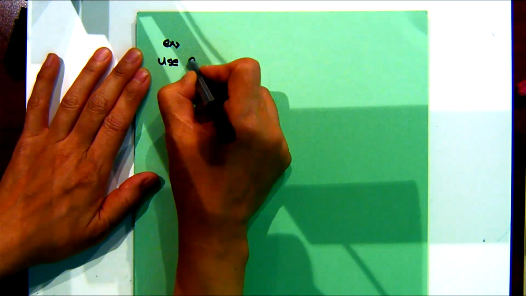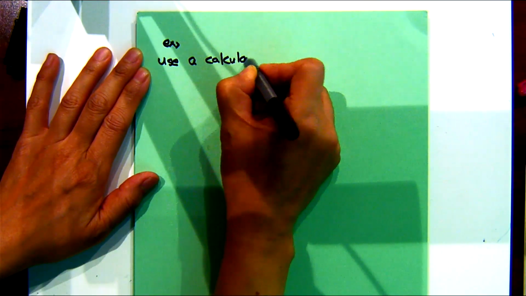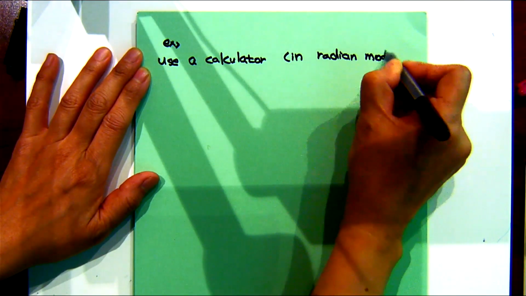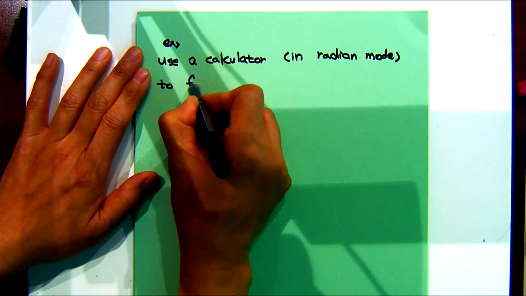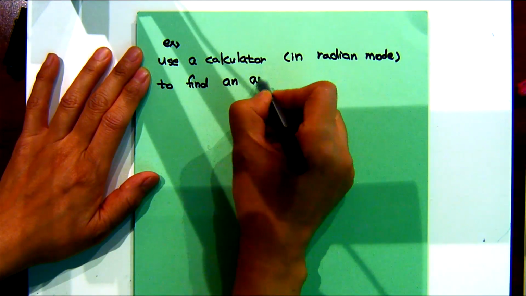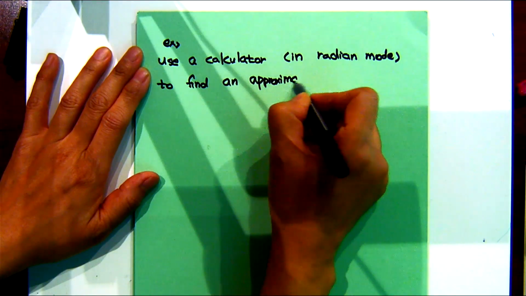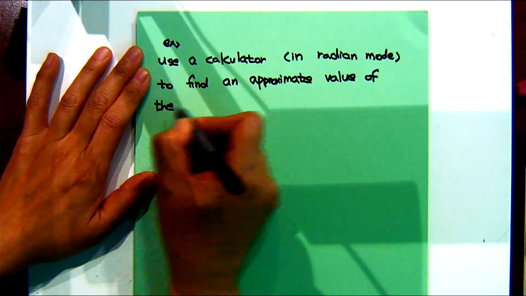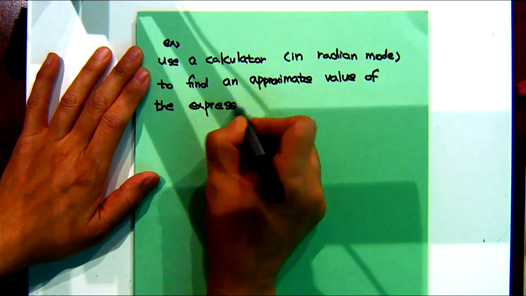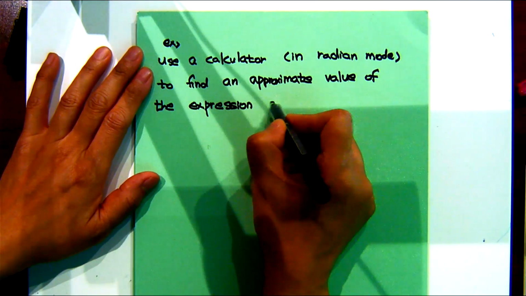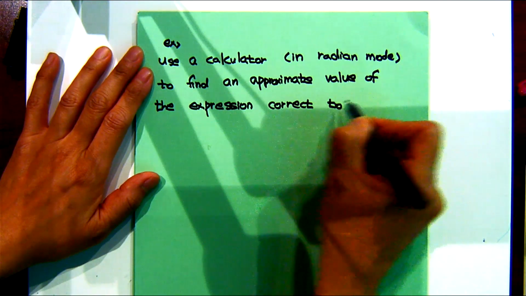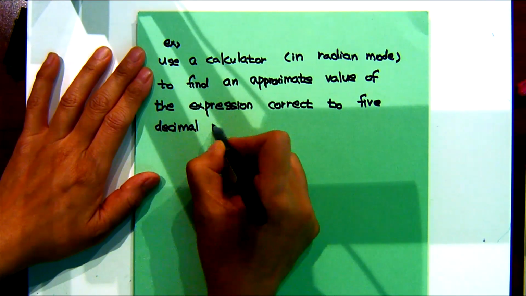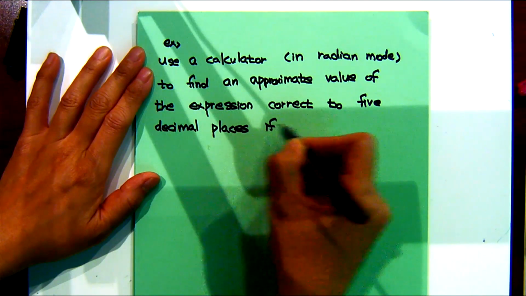The next question is: use a calculator in radian mode to find an approximate value of the expression correct to 5 decimal places, if it is defined.